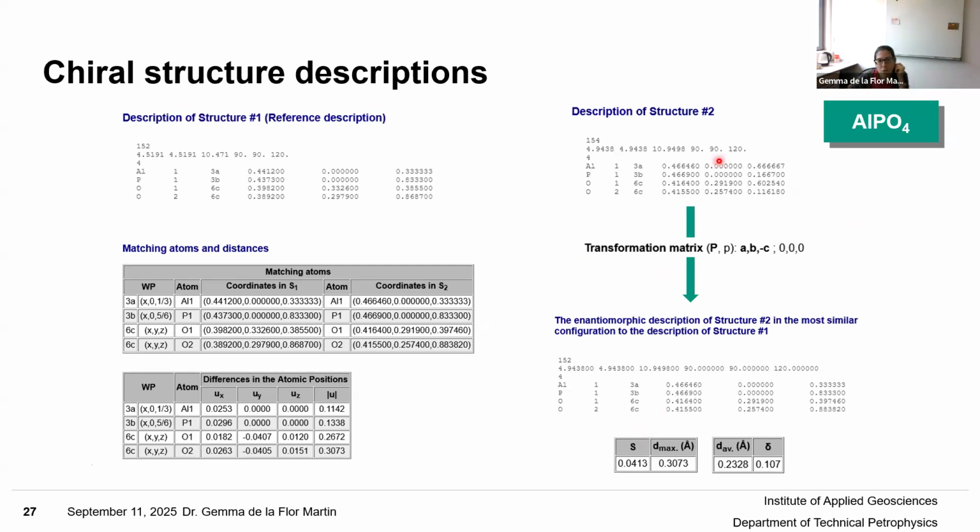Here you have the transformation matrix, and you can see that the determinant of the transformation matrix is negative, as expected, switching the chirality from one structure to the other one. So the similarity of these two chiral structures is quantified by these parameters, whose values indicate that the structures can be considered as nearly enantiomorphic.